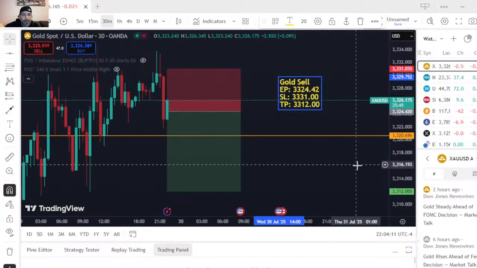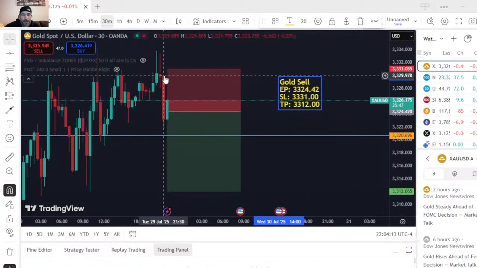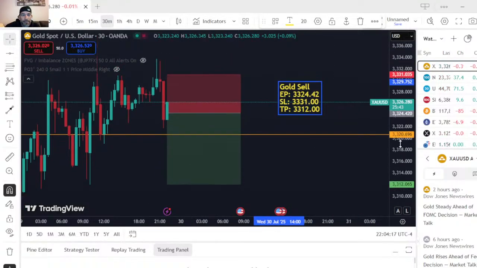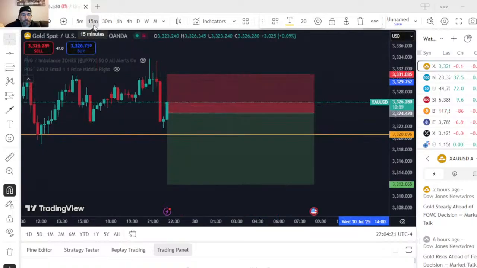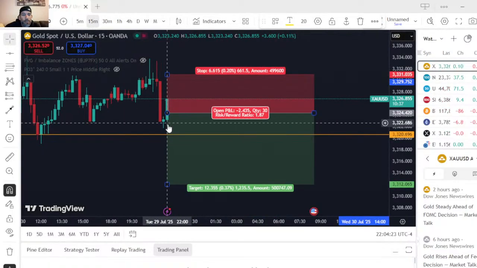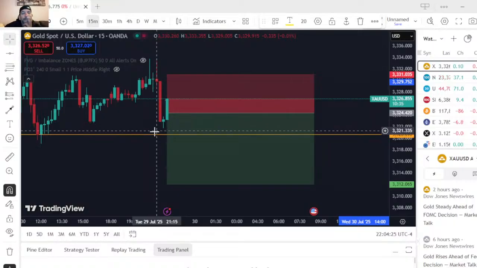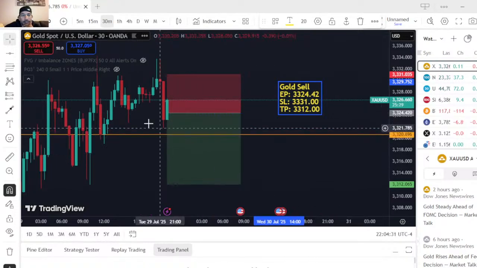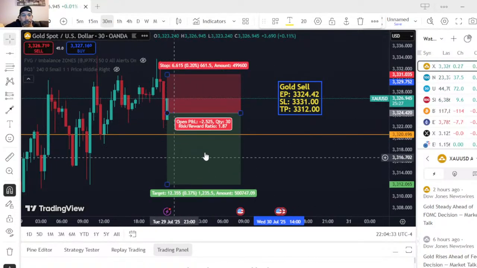Let's see what happens. We're gonna come up and make the wick for this candle now. This one ripped with no bottom wick, but let's see. We got a very hard impulsive closure. 15-minute, no bottom wick. Yeah, this was an impulse entry. I just want to see if we're making a top wick here and then continue to come down.